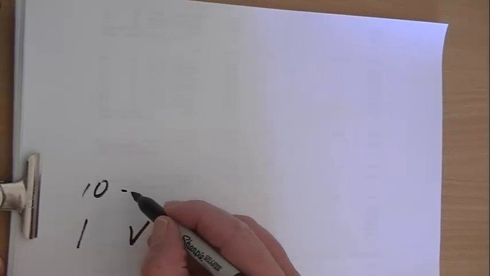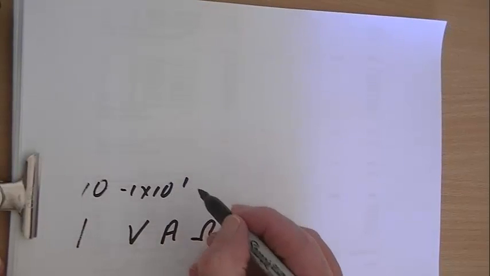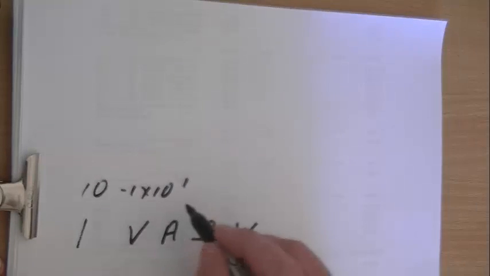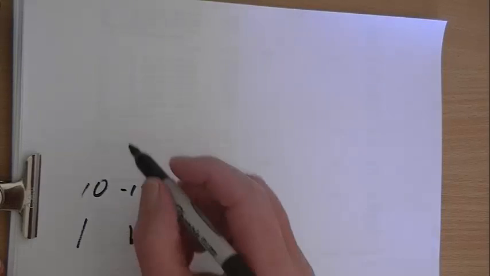Then moving up the scale, the next one is 10, which is 10 to the power of 1. Now, we never use that multiple in electricity. They may use it in some other industries, but in electricity you rarely see anybody talk in multiples of 10.